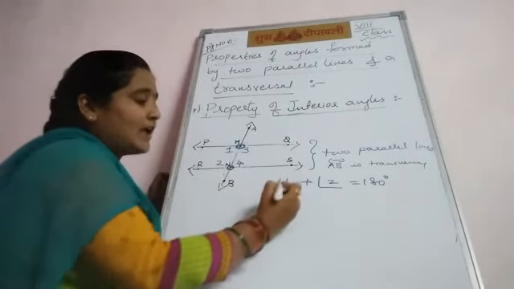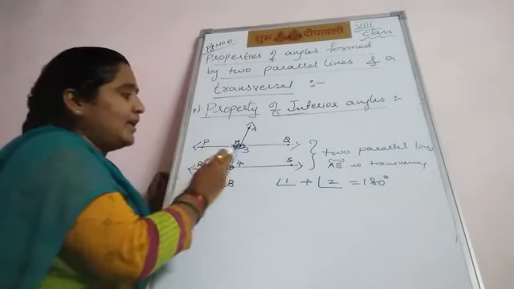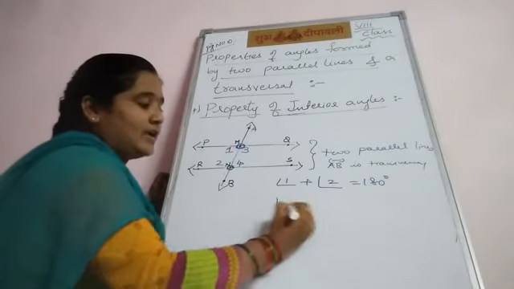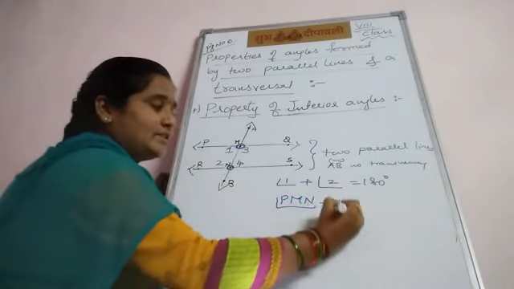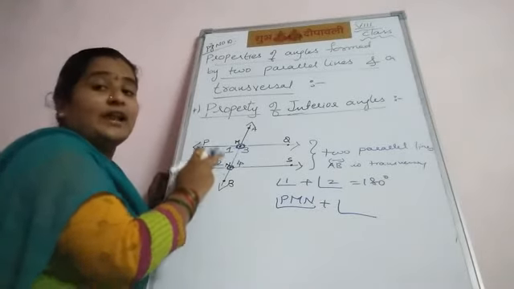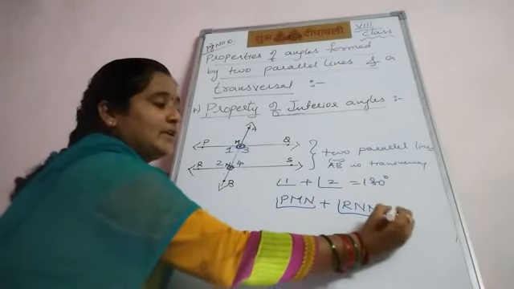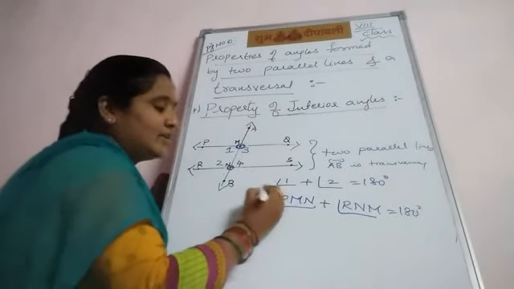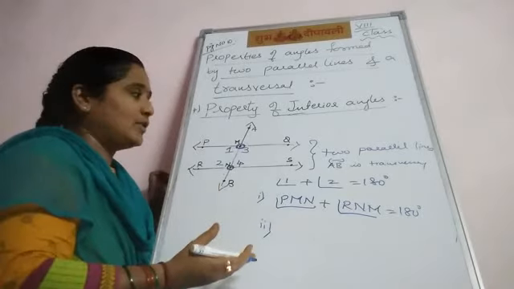Angle 1 can be written in three letter form, angle PMN, plus angle 2, three letter form, angle RNM, equal to 180 degrees. This is the first pair.